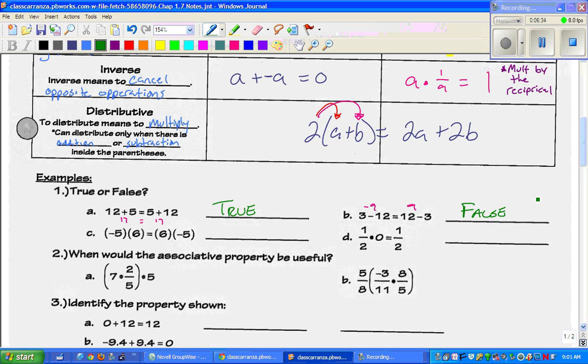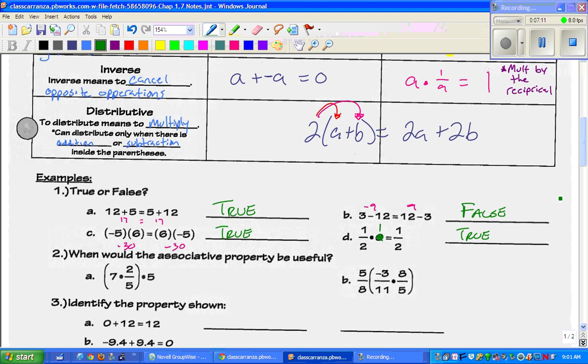No, that's false. All right, C. Negative 5 times 6 is negative 30. 6 times negative 5, negative 30. Does that property work? That's true. And D, 1/2 times 0 equals 1/2. I believe this was supposed to be changed to a 1 and not a 0. And that is true.